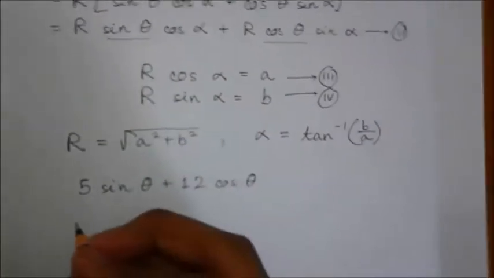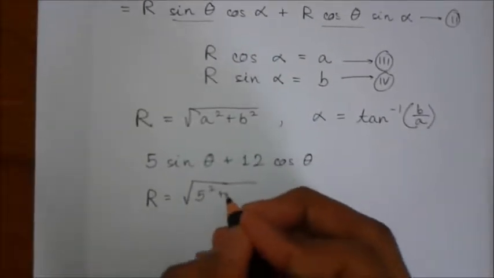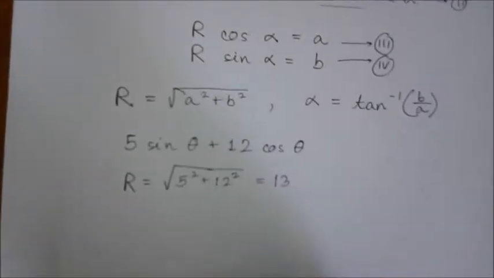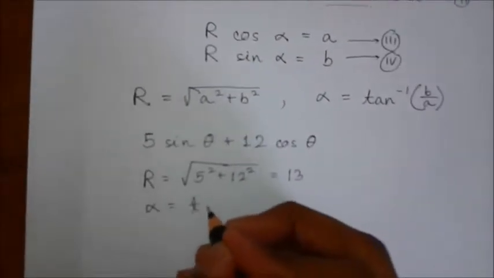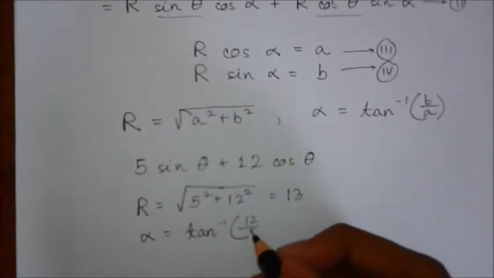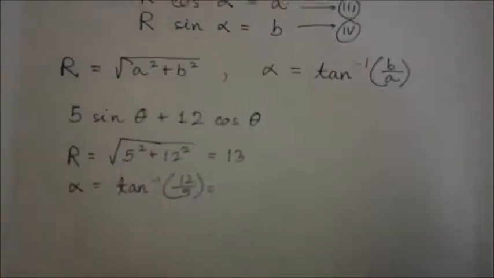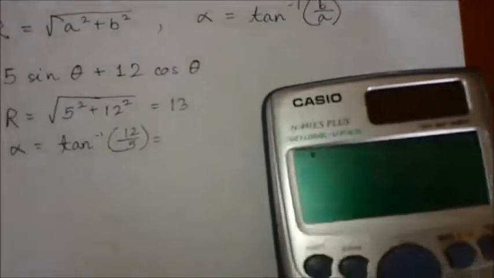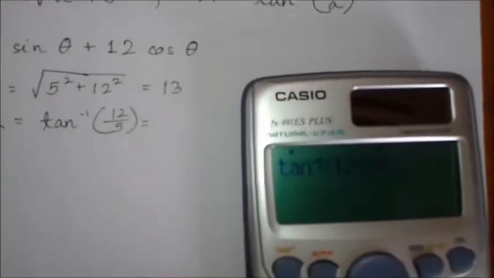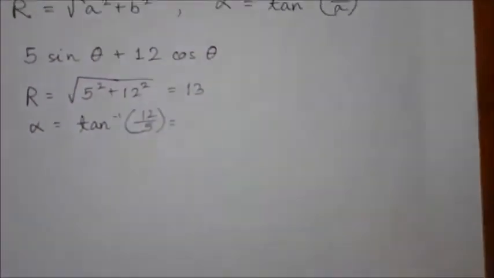Now from this expression, r is square root of 5 squared plus 12 squared, which is 13, and alpha is the inverse tan of 12 over 5, which is 67.4, we'll say.